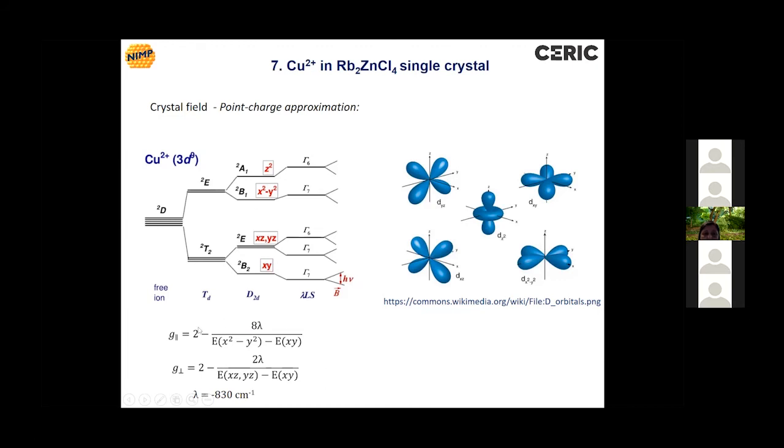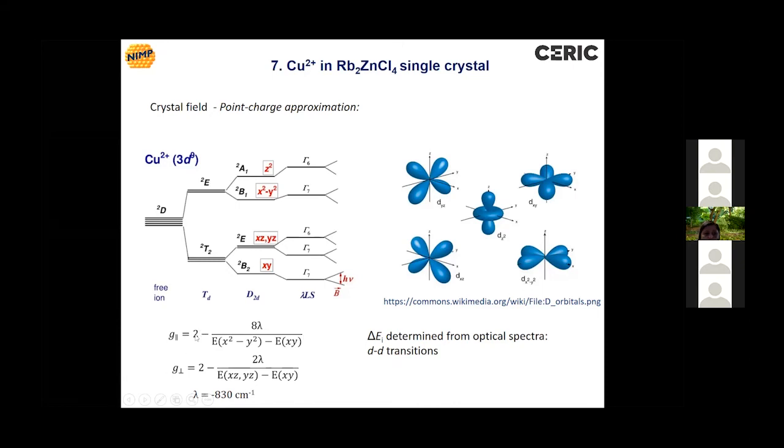You can compare the values obtained for g parallel and g perpendicular with the experimental values determined previously, and see if the model holds. You may wonder where we get the energies. These energy differences can be measured by optical absorption, so they are found in an optical spectrum as d-d transitions.